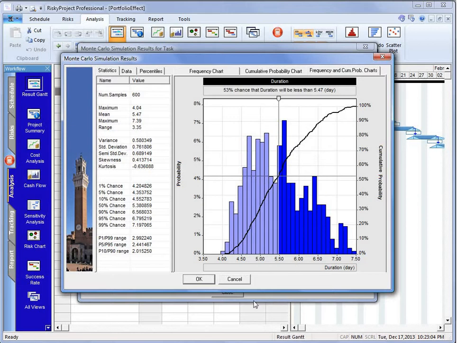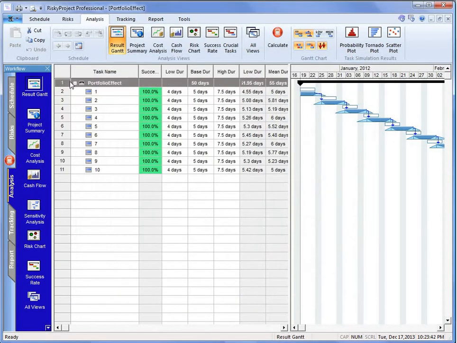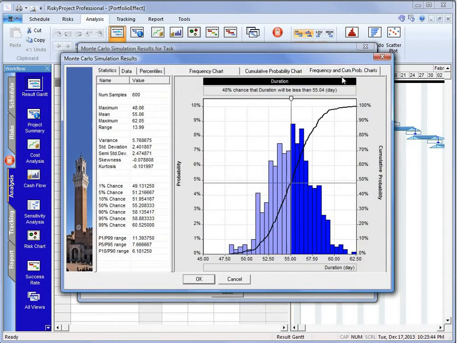And what we end up getting, if we go back to the overall project summary, is a much steeper S-curve. What's happened is this has shifted over to the right and it's tightening around the mean. And so we get a steeper curve.